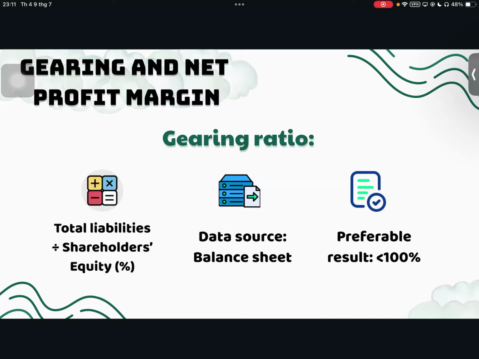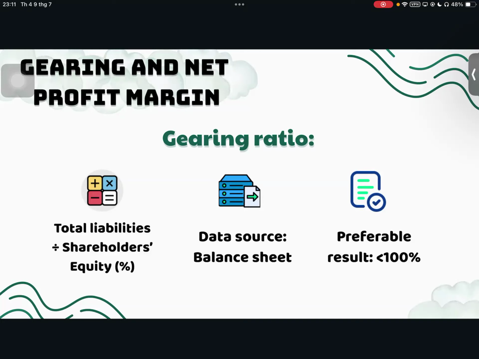In the study guide, in many exams, they often show the gearing ratios as a percentage, and sometimes it may go beyond 100%. Actually, gearing is not a single ratio, but it is a group of ratios. We have multiple formulas for gearing. And with this figure, it can be under 100 or over 100%.